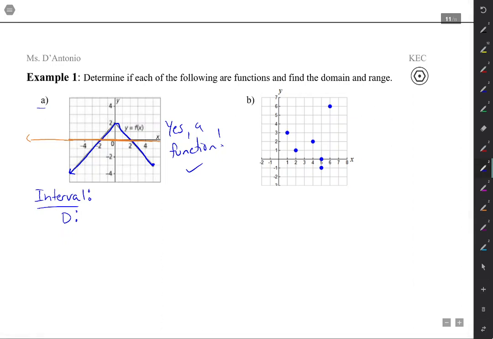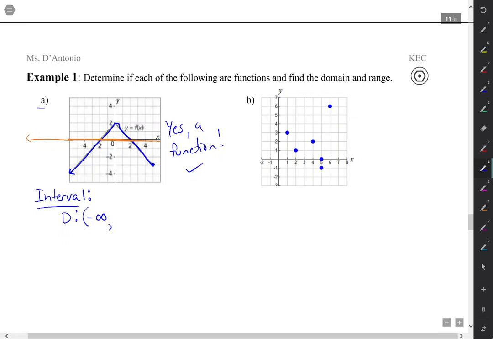So the lowest value of the x's that our graph hits is negative infinity. So for interval notation, we're going to put negative infinity, and now we need to use brackets. We're either going to use a round bracket or a square bracket. Now when we have an infinity symbol, we need to use a round bracket next to it.